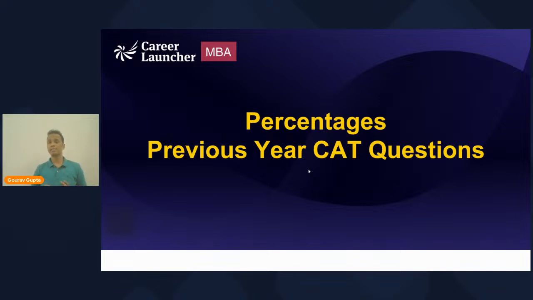In these sessions, I'm not taking questions which have appeared in CAT examination 10 years back or 20 years back. No, I am restricting myself to the CAT examinations which have happened in the last 5 years. We will be solving all of these questions. So let's begin, all of us together.